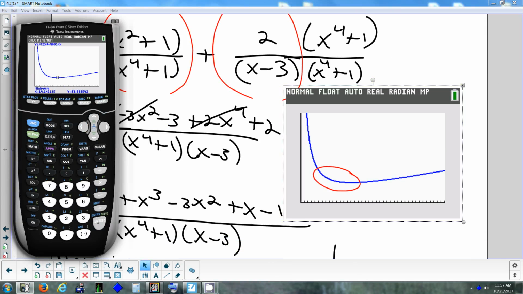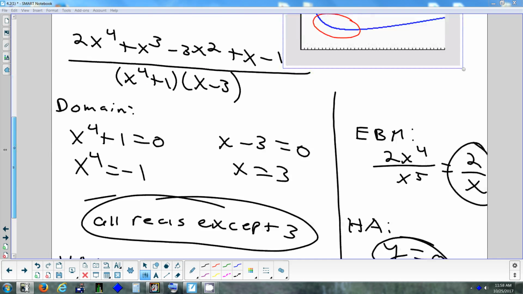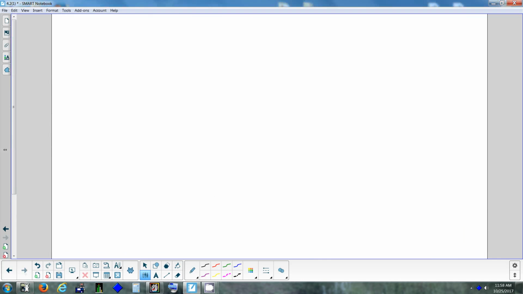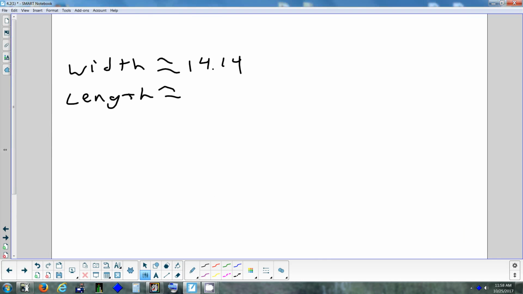And the minimum width is 14.14. Okay, so for my width, 14.14. And what was the formula for the length? How did you label the length on the rectangle? Yeah? 200 over x.